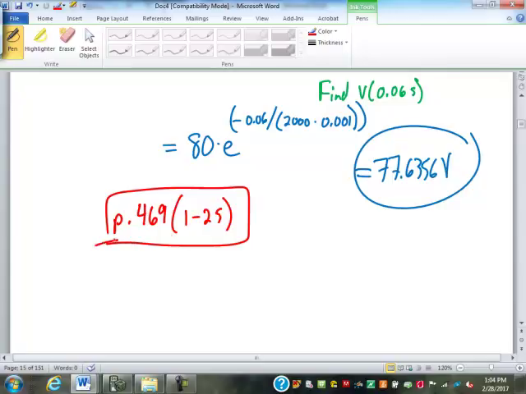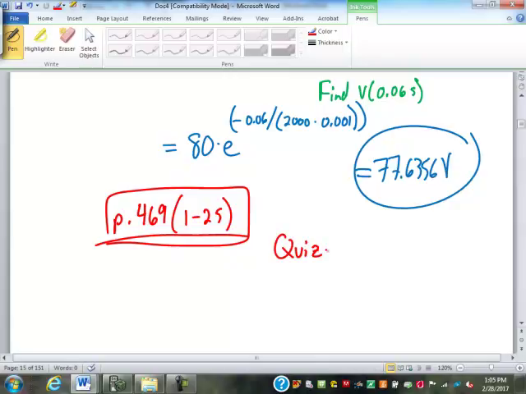So on that packet, page 469, 1 through 25, I'll have you keep working on those. And I am going to send a quiz home with you to bring back in tomorrow. Are we supposed to graph? Do some of them say to graph? Then 1 through 20 graph.